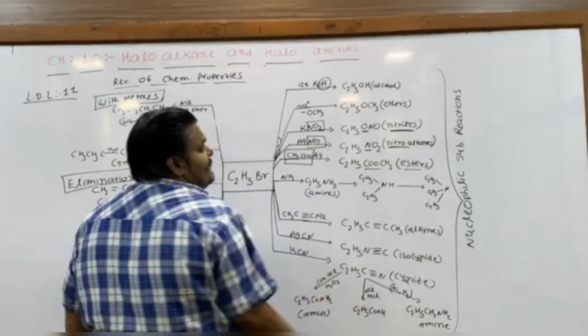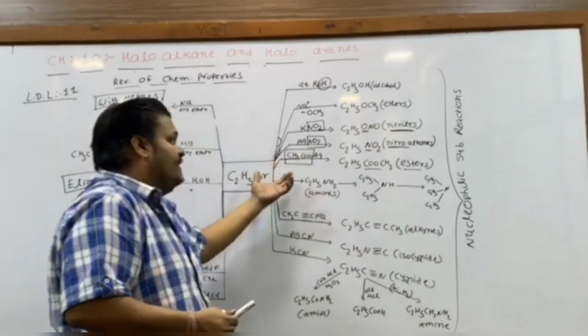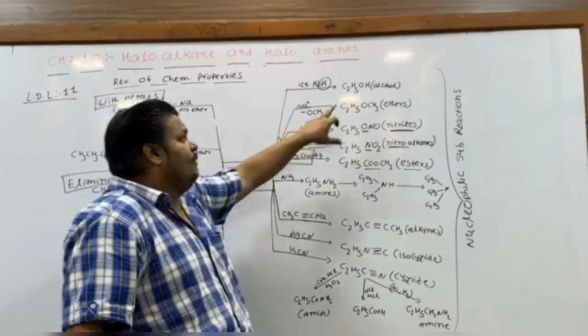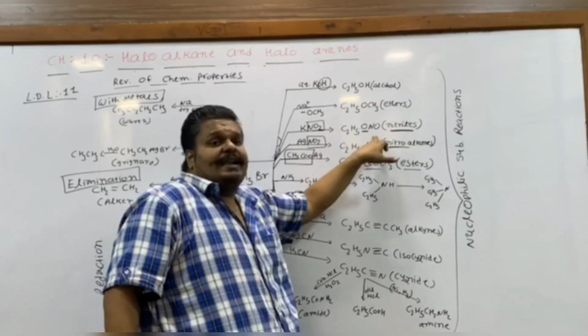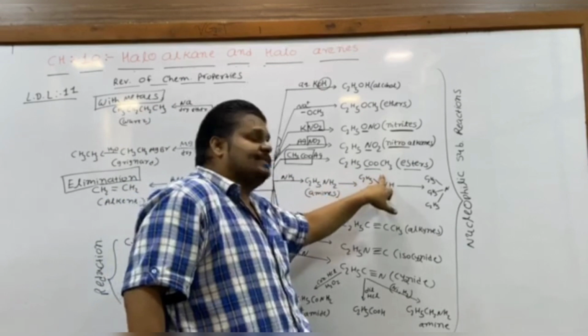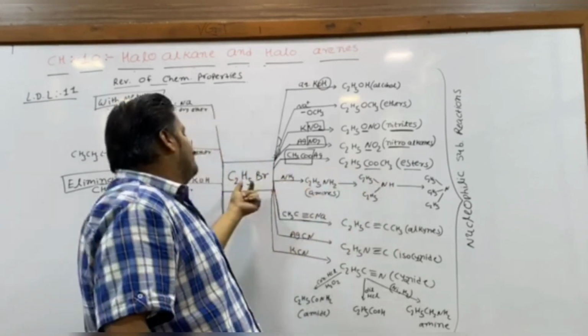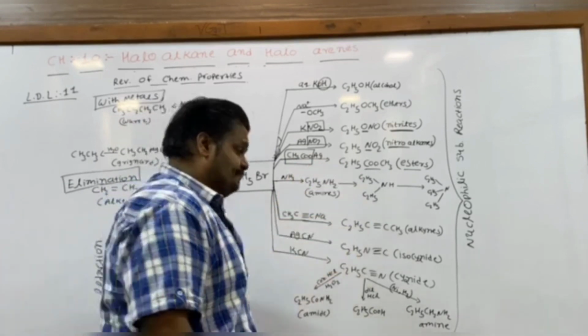The compound so produced is known as an ester. So production of esters through nucleophilic reactions. Again, we have produced alcohol through nucleophilic reaction. We can produce ether. We have nitrites and nitro. We can have esters as a compound by substitution of Br with the acetate ion, CH3COO-.